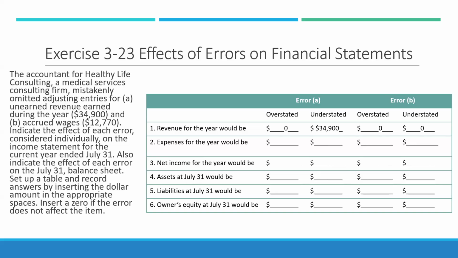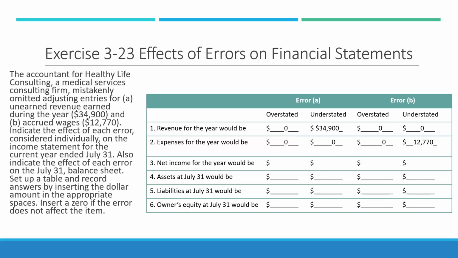Right? And then this one said accrued wages of $12,770 was omitted. What does that do for expenses? Wouldn't that have understated our expenses?